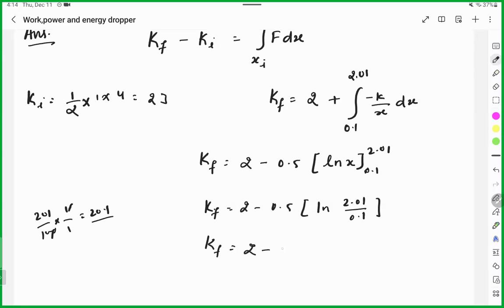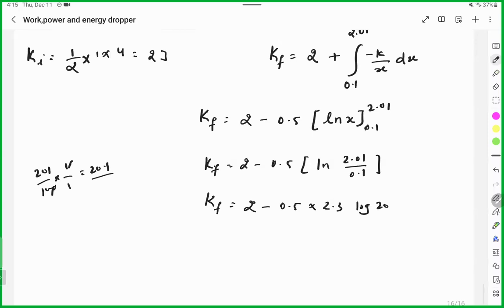So 2 minus 0.5 natural log 20.1. If you convert into the form of log, approximately 20. What is the log 20 value? Log 10 value is 1. Log 2 value is 0.3, right? Yes, 0.32, I think. So it will be 1.3. So I got my answer: log 20 is close to 1.3 now.